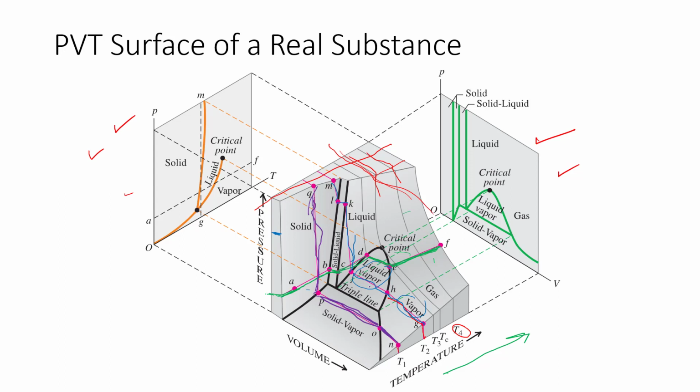Unlike up here, we don't see the liquid phase, so it goes directly from vapor phase to solid phase. So there would be equilibrium between solid and vapor phase along this line. And at this point P, the transformation completes, and then everything would be in solid phase.